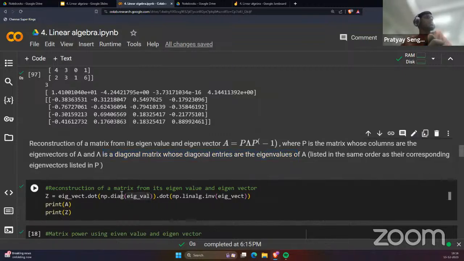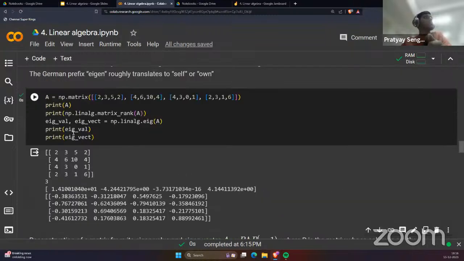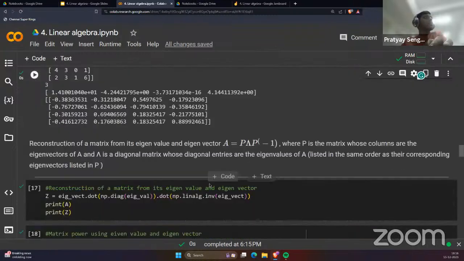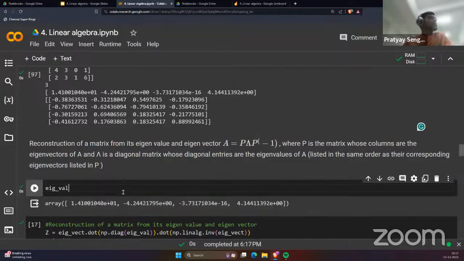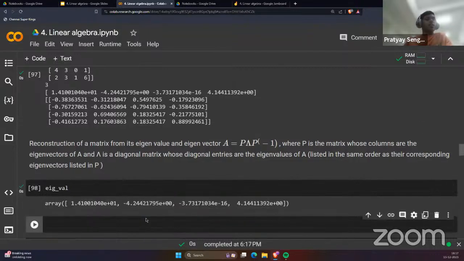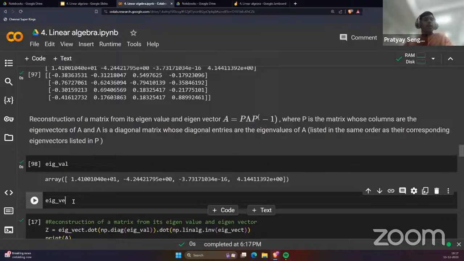So given that, we have this eigenvalue and eigenvector. Let's see what that is. And we have another eigenvector.